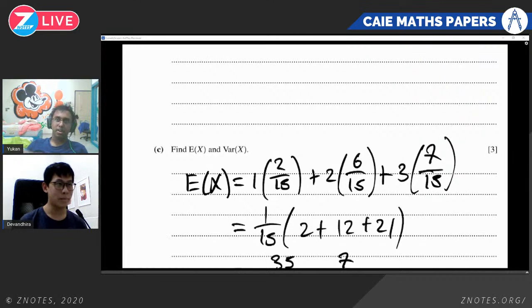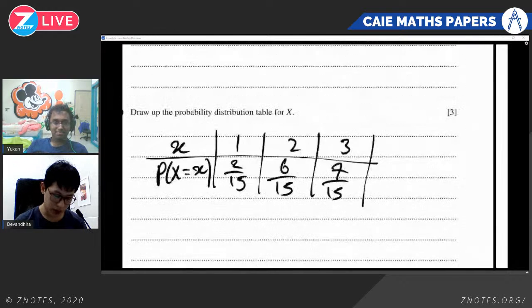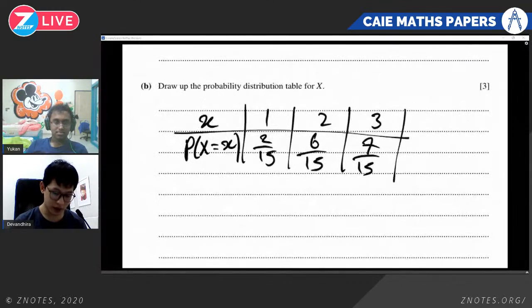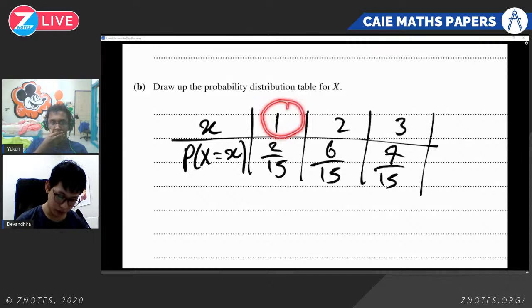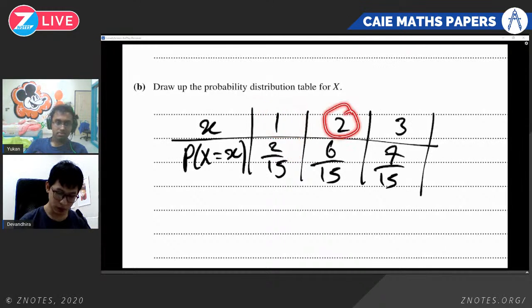That is the sum of x times the probability of x. Exactly. So right here, back to the table. As Eugene said, it's the sum of their x values multiplied by their probability, right? So right here, we have the x value of 1 multiplied by 2 over 15, plus 2 times 6 over 15, plus 3 times 7 over 15.